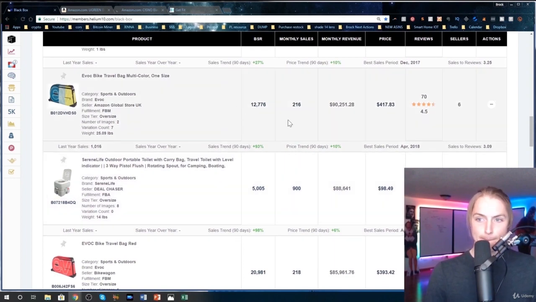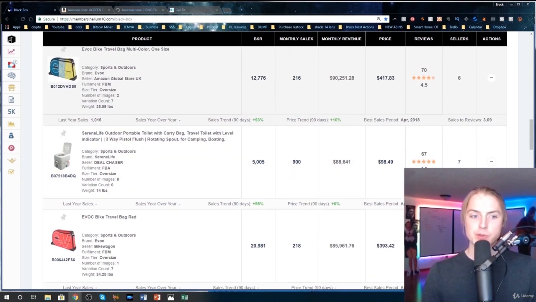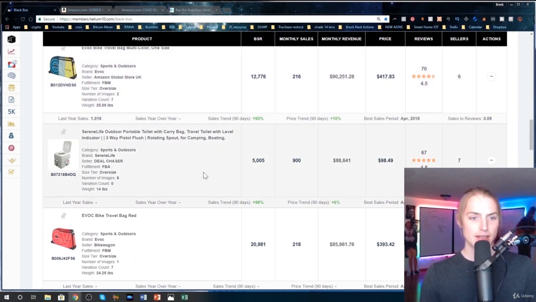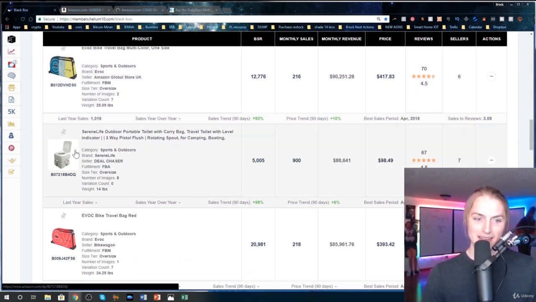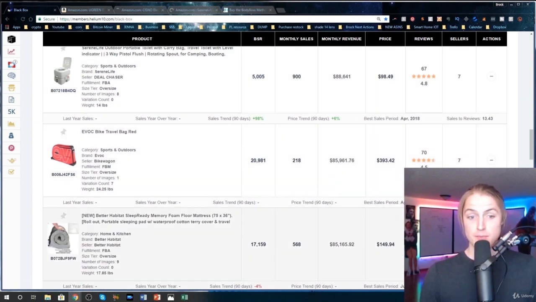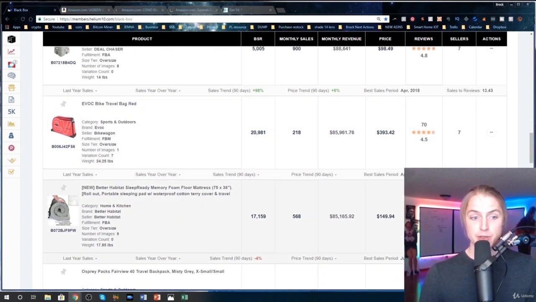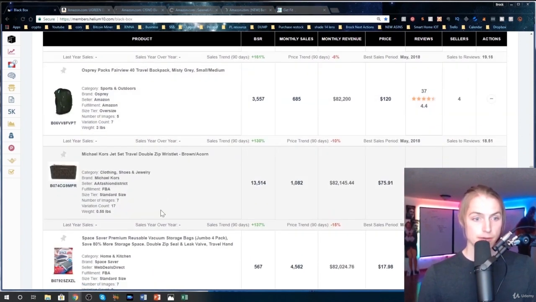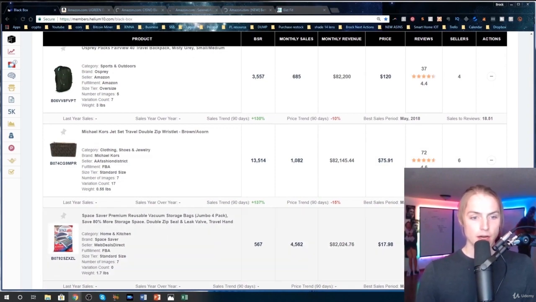A bike travel bag. That's interesting. But it looks like that one is specific, so I wouldn't do that. Portable toilet. You probably could. I don't know. Maybe we could look into that. Okay, a memory foam floor mattress. So a portable mattress. Okay, that could be pretty interesting. Oh, this is something that interests me.